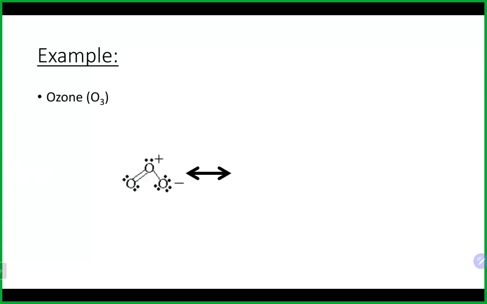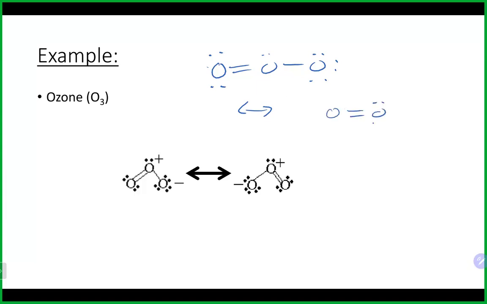A couple of examples: this is ozone. If you draw ozone, those are just the formal charges on ozone, but you don't have to worry about it. It looks something like this. And again, you could have double bonded like you see down there to our right-hand side here. Those electrons are basically being moved around.